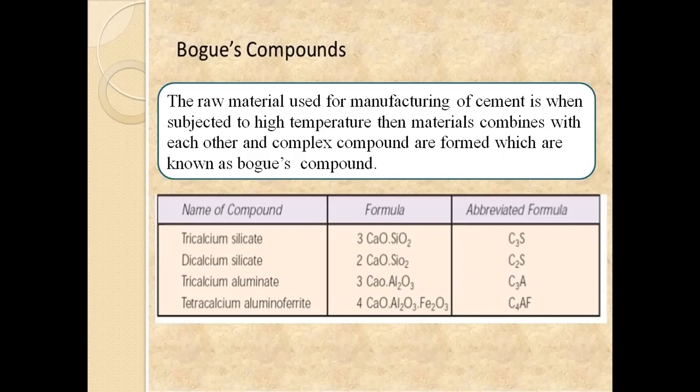First is tricalcium silicate, C3S, dicalcium silicate, C2S, tricalcium aluminate, C3A, and tetracalcium aluminoferrite, C4AF. So these are the Bogue compounds which are formed during manufacturing of the cement.